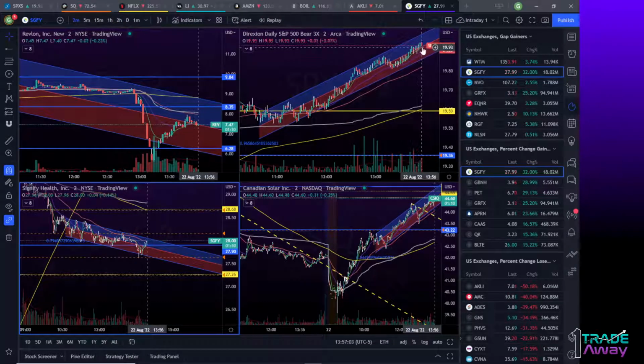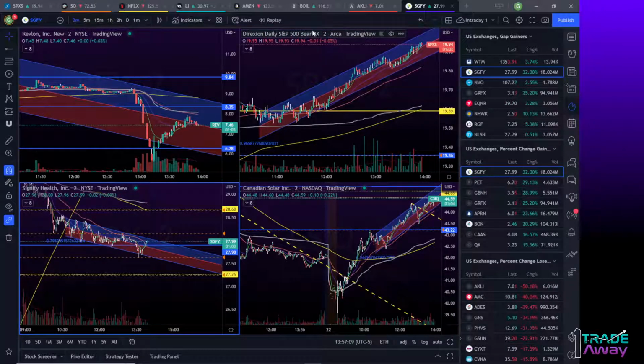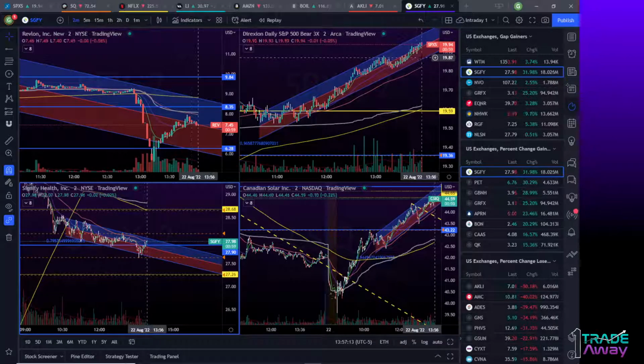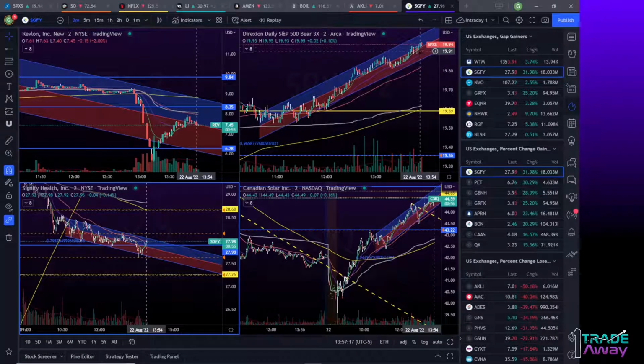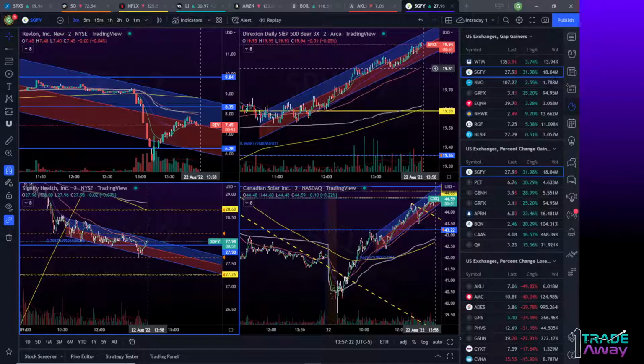My green up here is my 8 EMA, and I'm coming down and I'm on this bear 500 here, the SPXX. This purple line for me is my 21 EMA, and I'm using EMAs, not SMAs, for my 8, my 21, my 55. I've got this concept from AB, back tested it, and I like it.